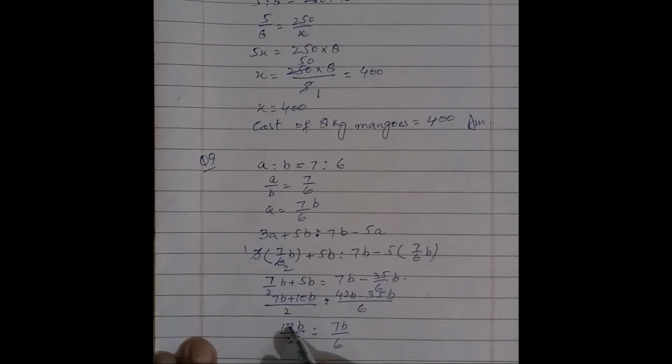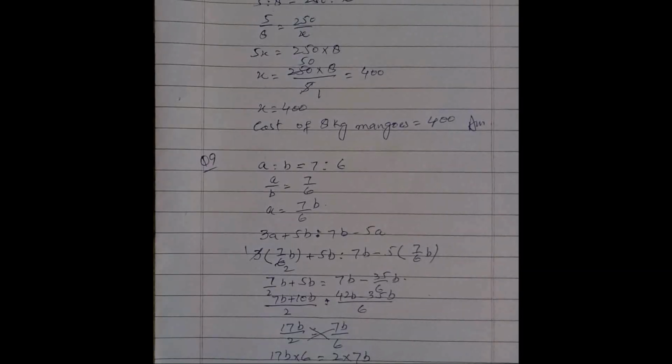Simplify these two values. Cross multiply, we get 17B multiplied by 6 is equal to 2 multiplied by 7B. 6 sevens are 42, 4 carry, 6 ones are 6 and 4 makes 10. 2 sevens are 14.